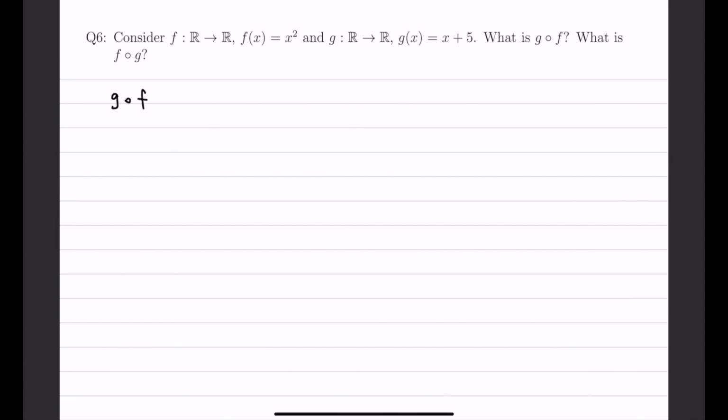So g compose f is the composition of g and f. Of x is by definition g of f of x, which is g of x squared, which is x squared plus 5.